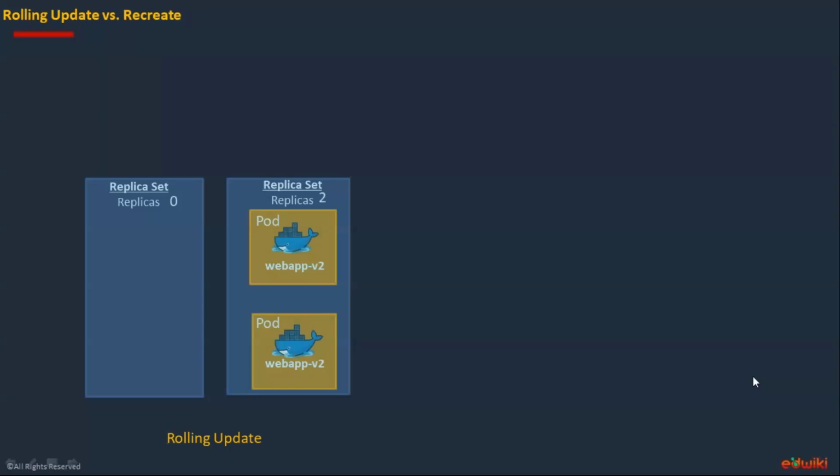Whenever you are updating the deployment, it will ensure that the new pod's readiness check passes, the health checks pass, and it is able to start serving the traffic. Then only the old one will get removed.